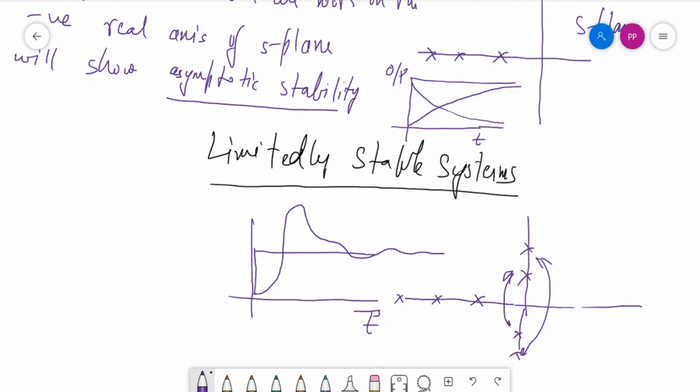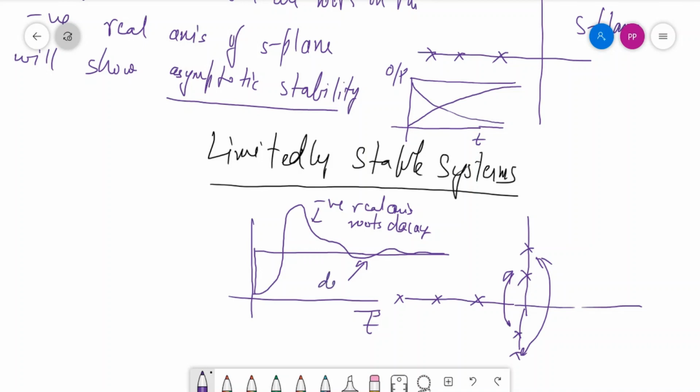Like this, because first the roots on the negative real axis will decay, and then the dominant roots.